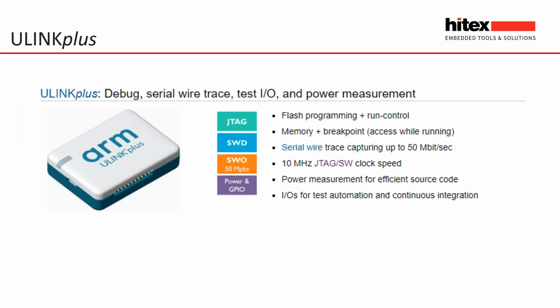And then we have a newer unit called U-Link Plus, which I'll come back and look at in a bit more detail later on. So this again gives us a high-speed USB and a fast connection onto the processor. In addition, it can do power measurement, so we can analyze the power consumption of our microcontroller during runtime.